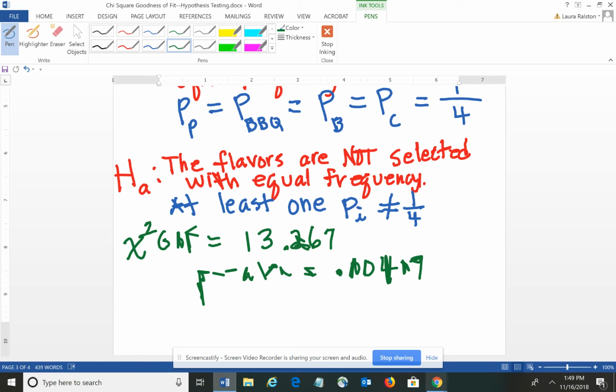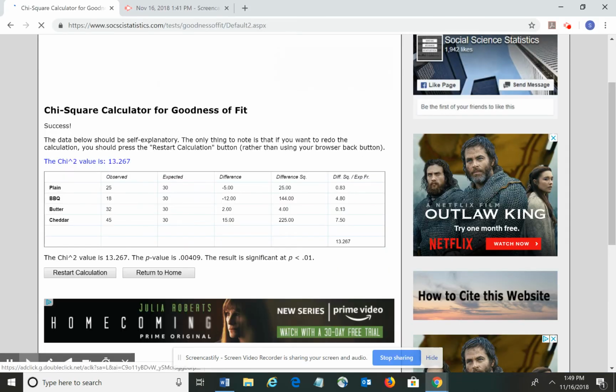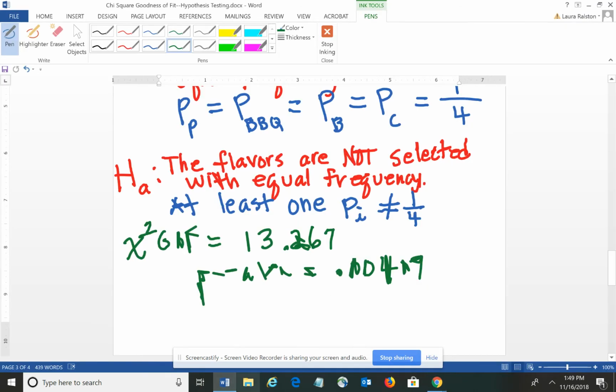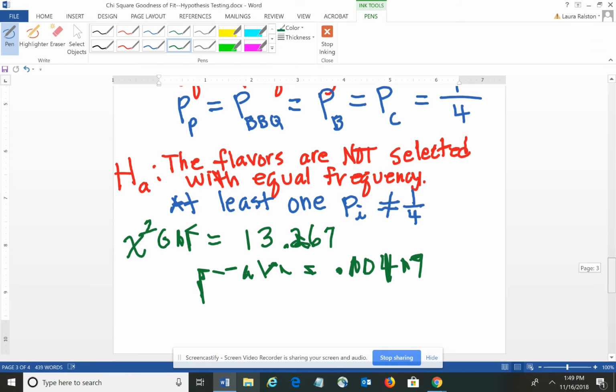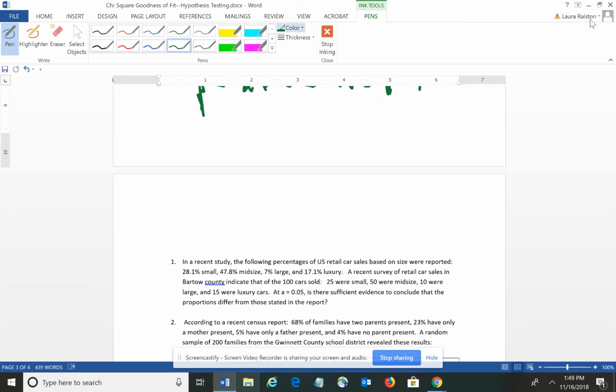I'm not sure why my pen's acting up. Okay, then you compare the p to the alpha.